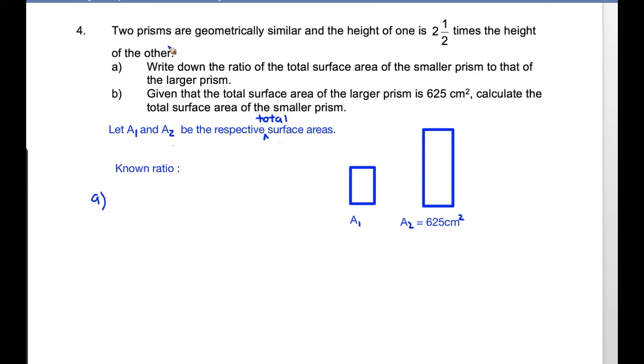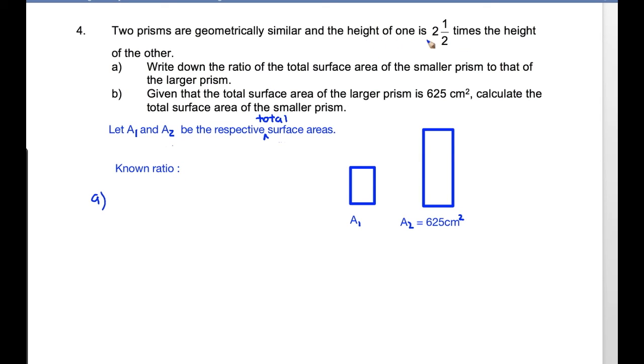Here we are given two similar prisms. We let A1 and A2 be their respective total surface areas. Before we can find the ratio of the total surface areas, we need to know the known ratio.